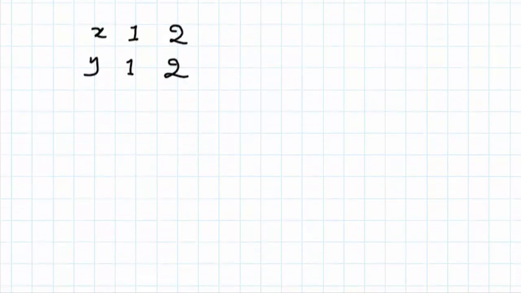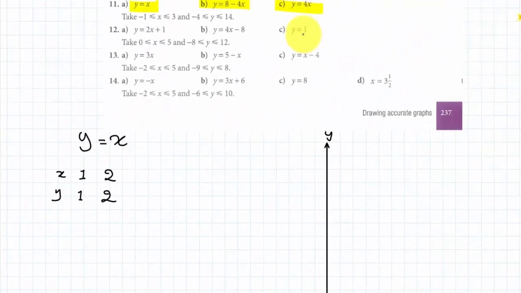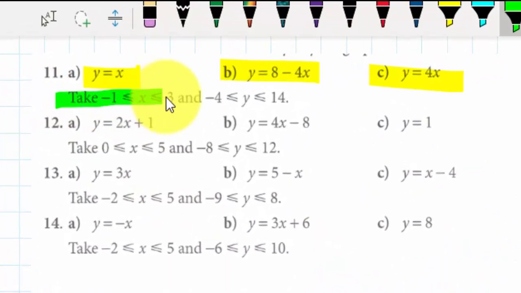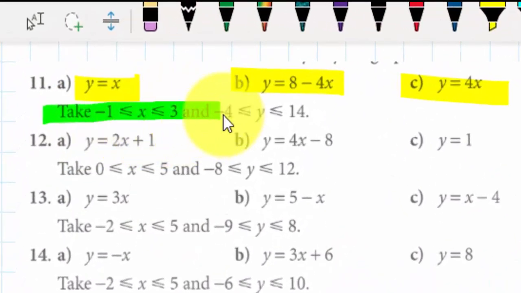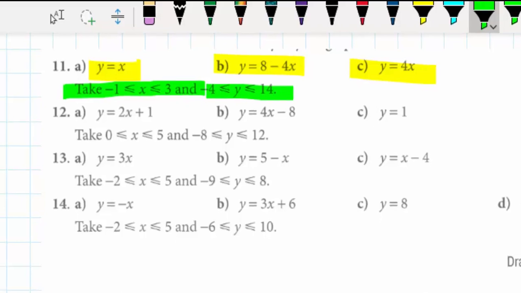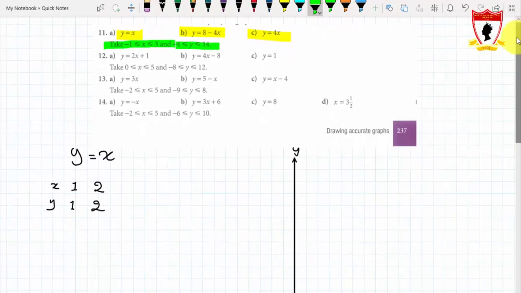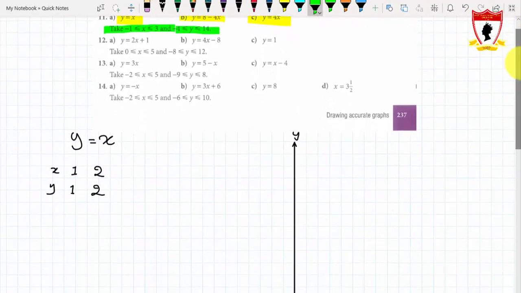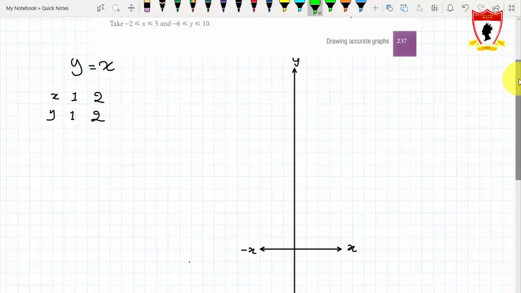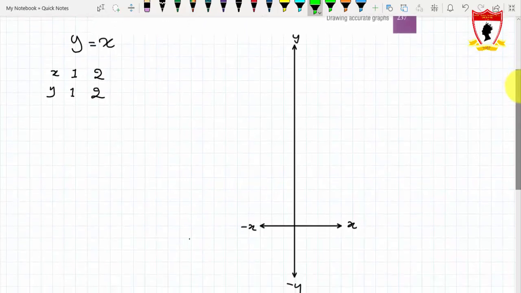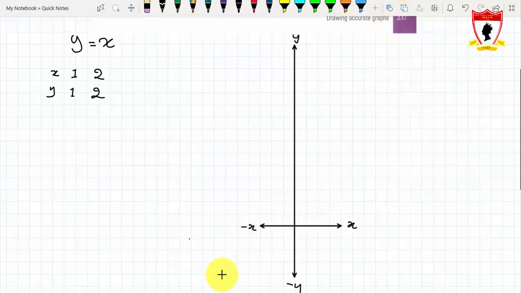So the xy axis, as the question wants: the x from negative 1 to 3, and the y from negative 4 to 14. Since it's the first question in this tutorial, I didn't use any scale. I just draw a perfect xy axis just like the question wants. Then the first line for the first equation is just a perfect diagonal line that passes through 0, 0.